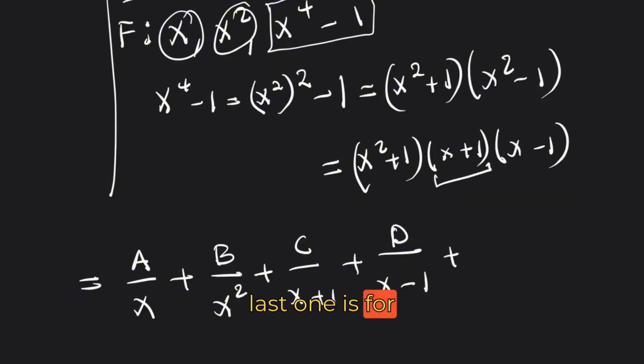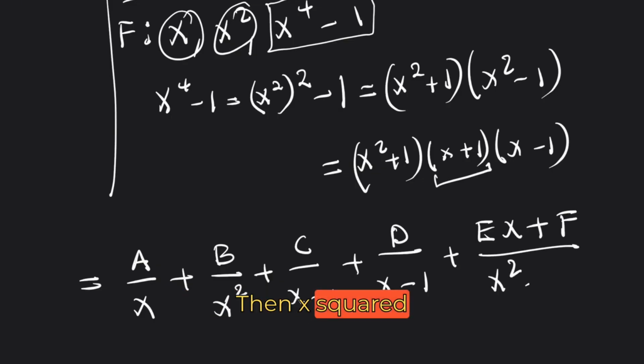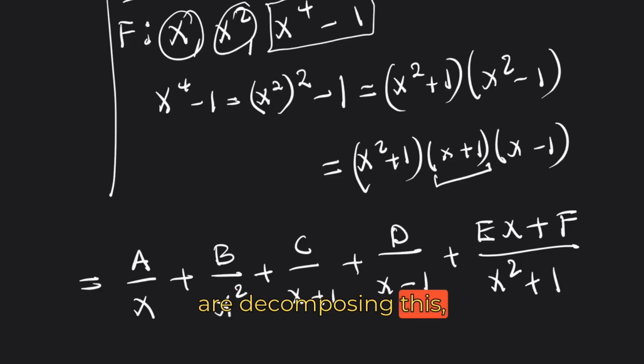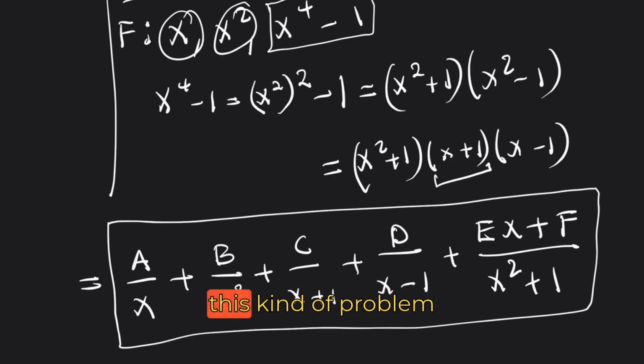Then the last one is for the quadratic factor, so this will be Ex plus F, just another letter, over x squared plus 1. So if you are decomposing this, the setup will be like that. Normally this kind of problem will come as a multiple choice. They will say, what is the setup of the partial decomposition of this kind of expression? So this should be your answer.